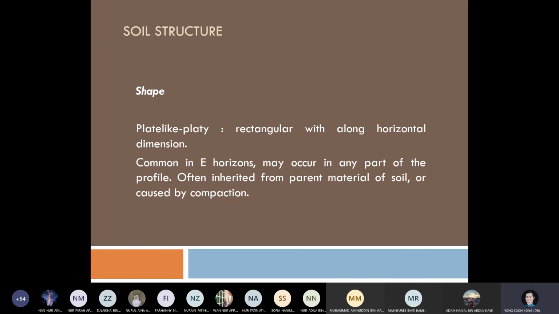O, A, E, B, C, R. So the E horizon sits between the A and B horizon. Earlier I told you that the B horizon might accumulate clay. The E horizon here might also have some clay to give you the plate-like platy soil texture.